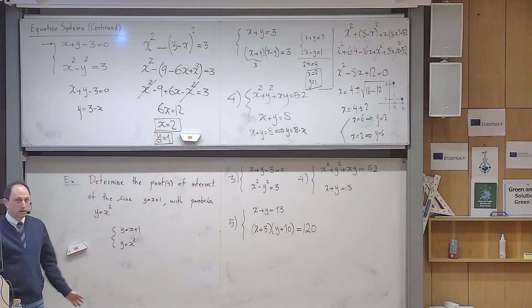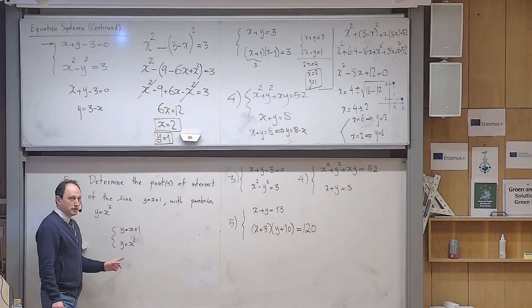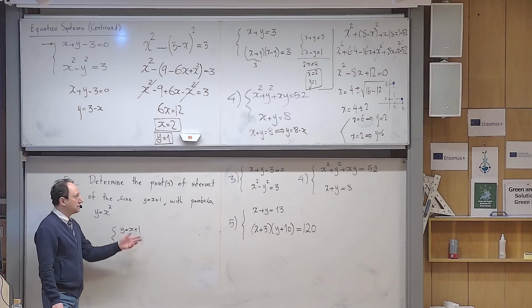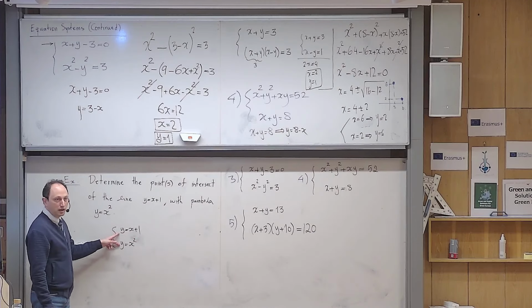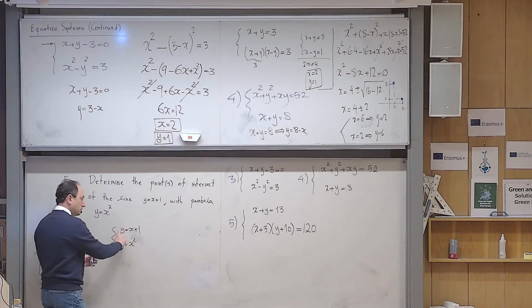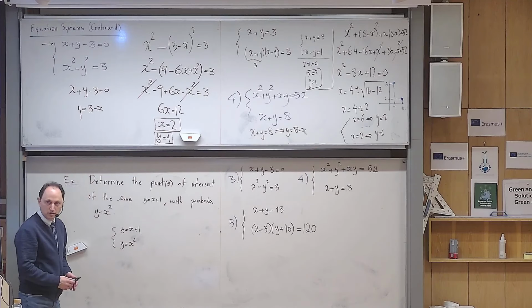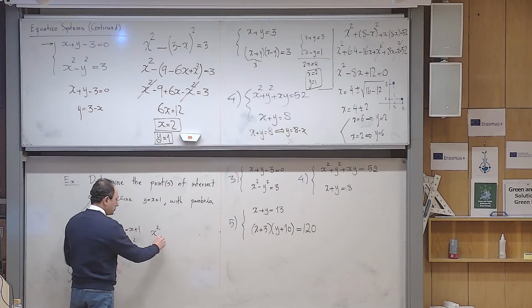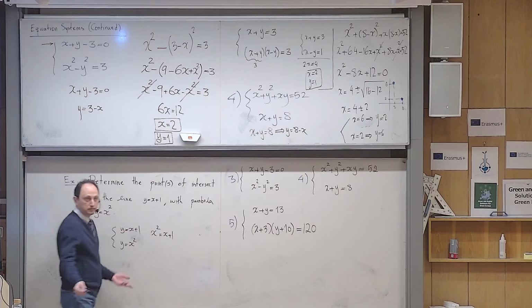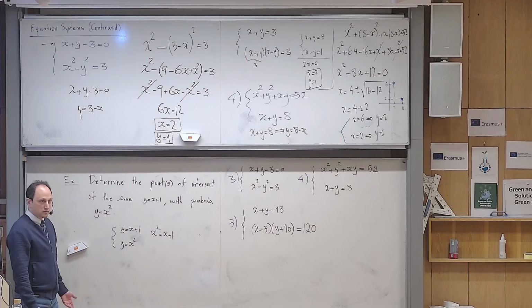Usually this is extremely simple because you see y is equal to that, and y also is equal to this. This is still elimination, but it is always better to eliminate y, because x plus 1 is equal to y, x squared is also equal to y. So what does it mean then? It means this x squared and this should be the same. Do you understand what I mean?